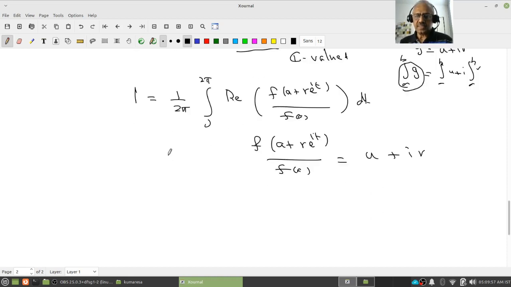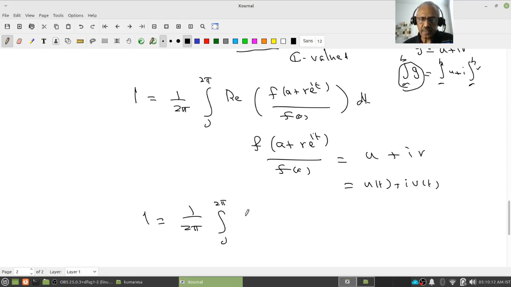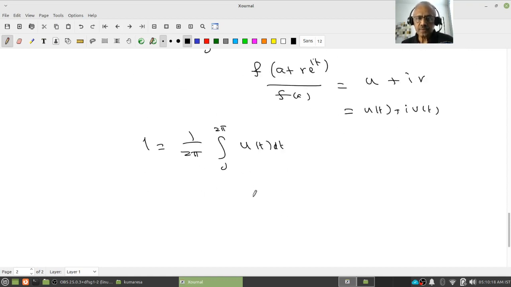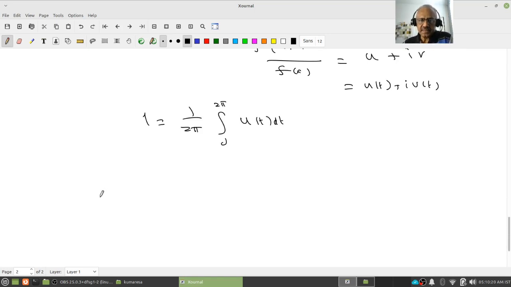Notice that a and so on are fixed, therefore I can think of this as a function of t. If you want, I can think of this as u(t) plus i v(t). Therefore 1 is 1 by 2 pi, integral 0 to 2 pi of u(t) dt. Next, notice that modulus of u(t) is less than or equal to the modulus of f(a plus r e^(it)) by f(a), since this is a real part.